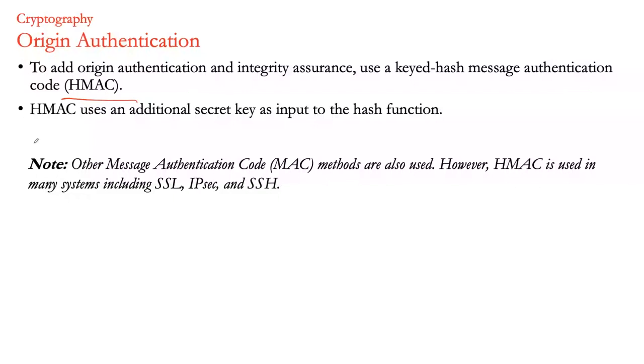This HMAC uses an additional secret key as an input to the hash function. So what is the secret key? The secret key is a concept of your public key infrastructure.